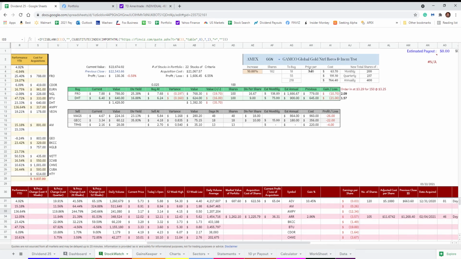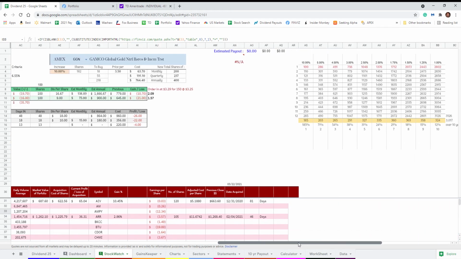I have a little calculator up here, and this is one of the stocks I bought today, which is Gamco, and I purchased 18. It was not 17, it was 18 shares. So you say, well, how do I know to buy 18? Well, this goes into something a little crazier.